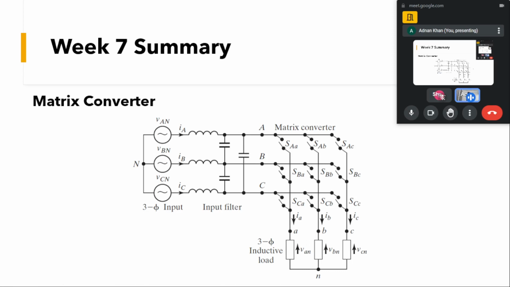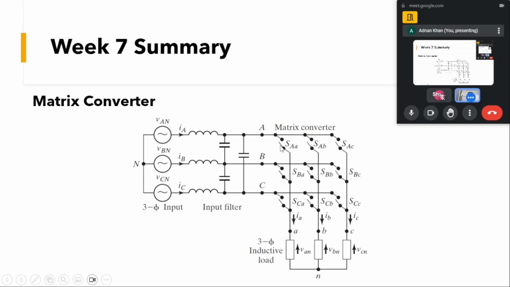The other type of converter that was discussed is the matrix converter. What we have in the matrix converter is also a direct AC to AC conversion. We have three phases and a switch configuration with 9 bidirectional switches.